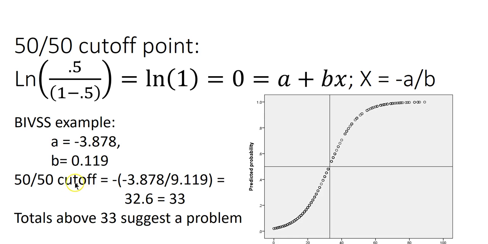So the 50-50 cutoff is minus 3.878 divided by 0.119, which is 33. Totals above 33 suggest a problem. We can see here we're at 33. That's at 50%. People below don't seem to have a problem.